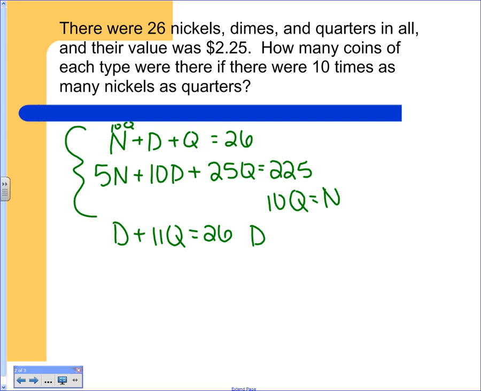So I'm going to solve for D. Do you see how that works? Those of you who are not writing this down, not a wise decision.